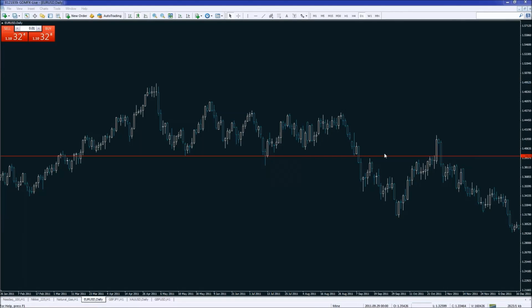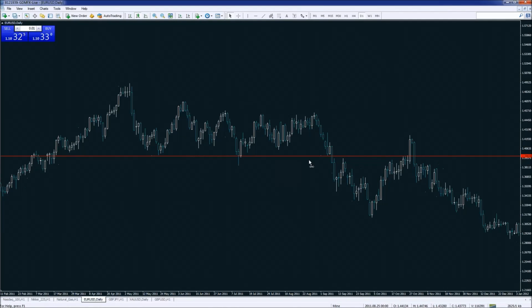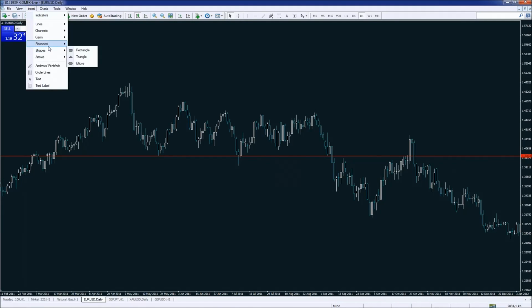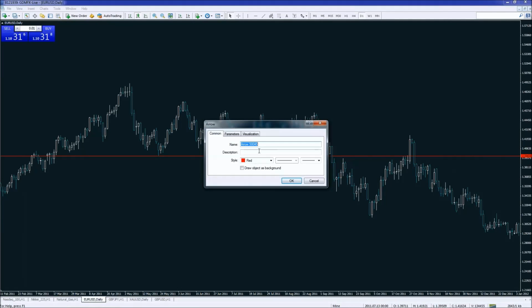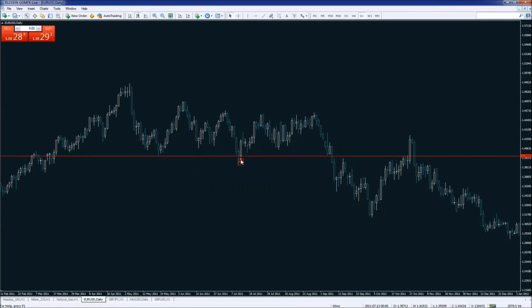Something with the program is not entirely good here, so I'm not really going to be able to point that out for you, but therefore I'm going to insert an arrow so you can see that. It's right here. Let me make it slightly bigger for you. It's over here, this shadow particularly bounces off of this level and stays above it.